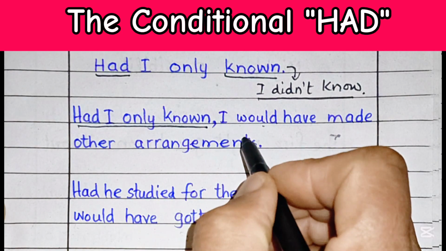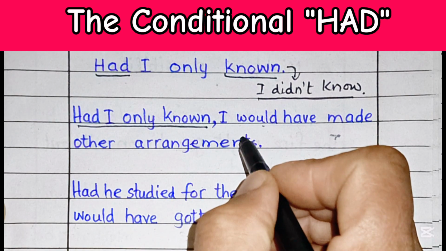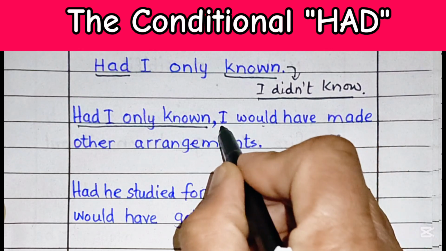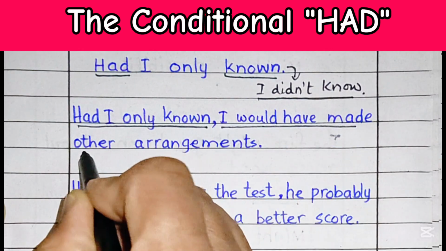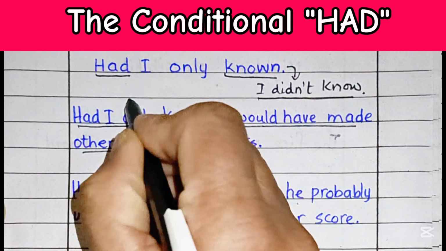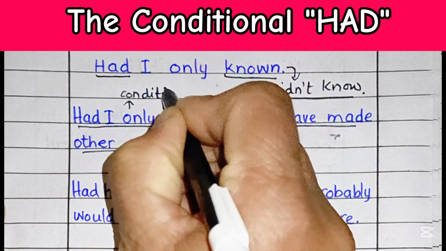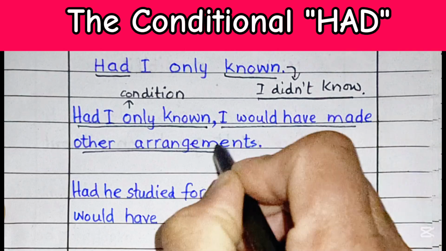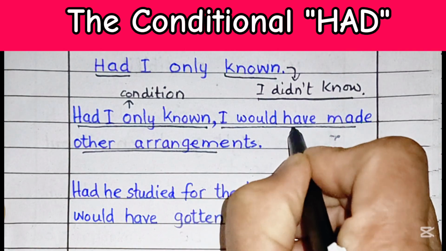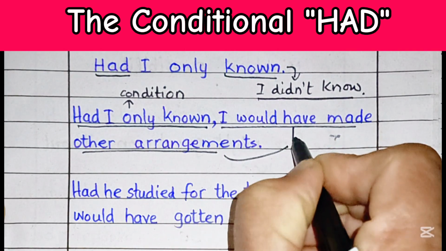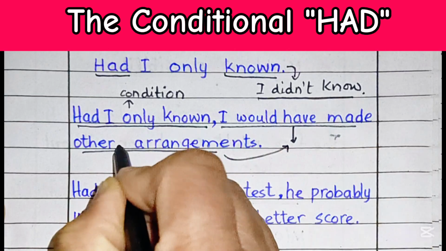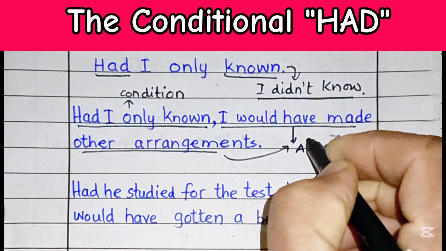But I didn't know. And this is the action, I would have made other arrangements. So this part reflects the condition, and the later part, "I would have made other arrangements," would be the action.